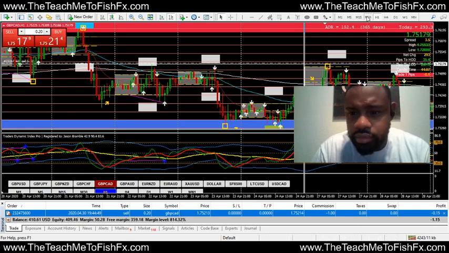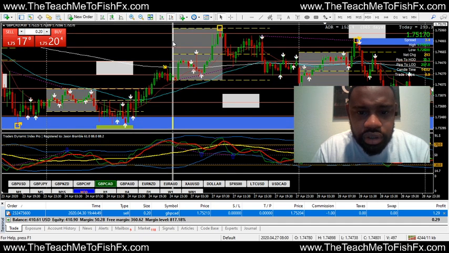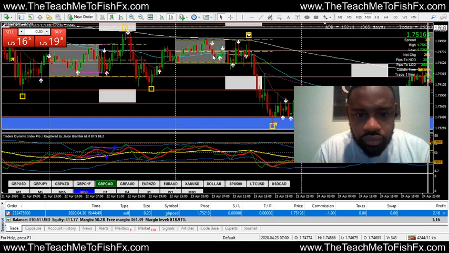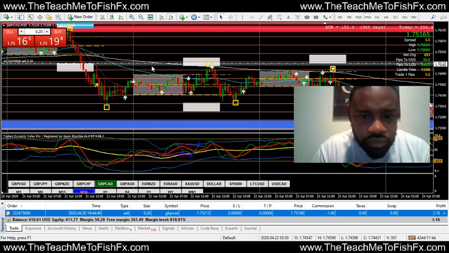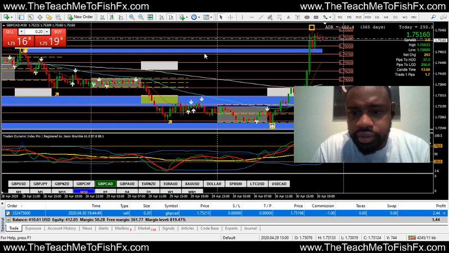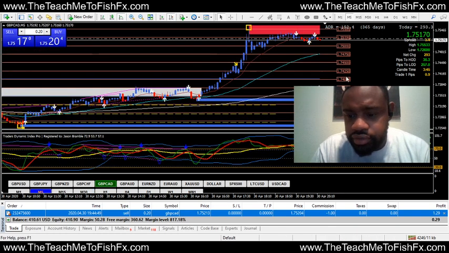Let me see what about 30 minutes, see if 30 minute gives us some kind of structure to the left. Really nothing. But anyway, we're up $2.15 for this $2 trade so far.